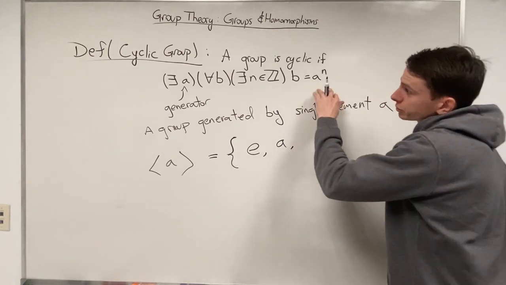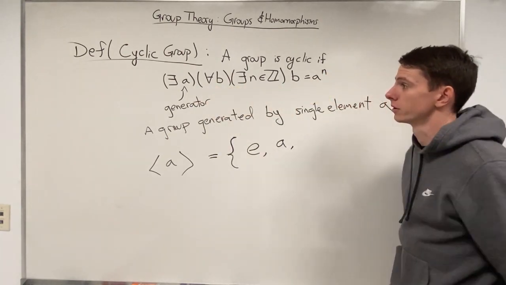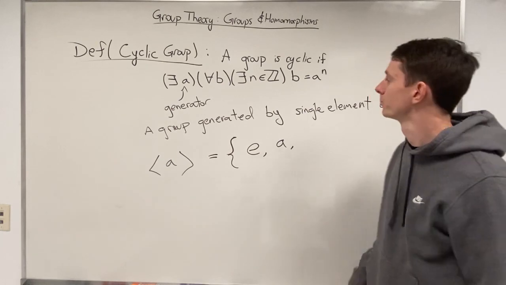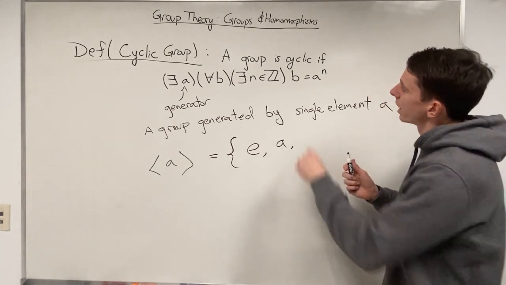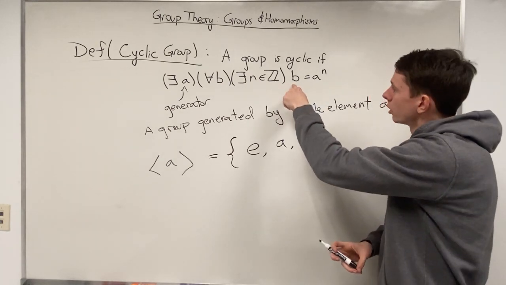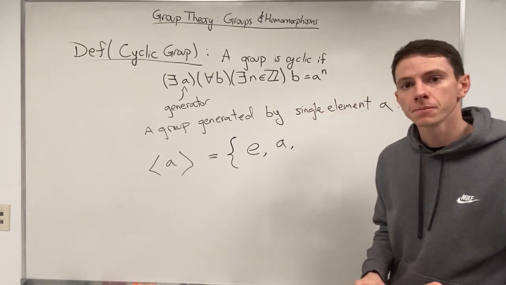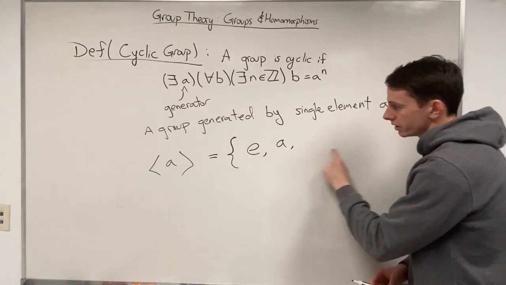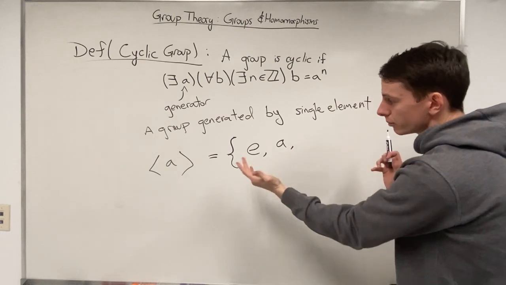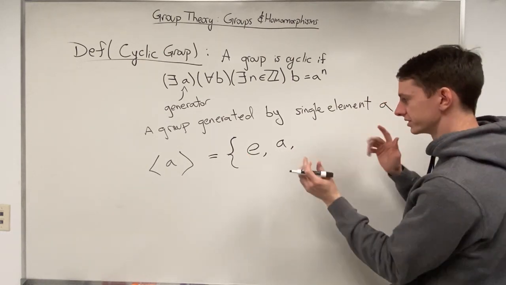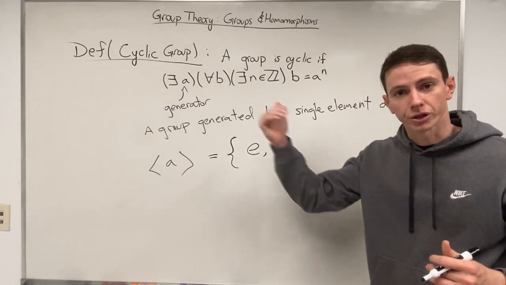That's when we can really use this property, or the definition, I should say, right here. This is telling us that all elements of the group B are going to be A raised to some power. So whatever else I write within my set braces needs to be A to some power.